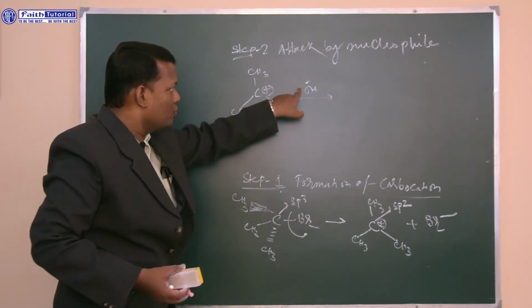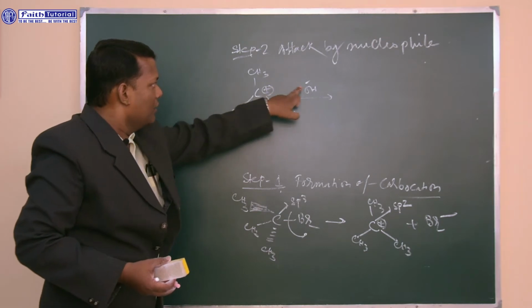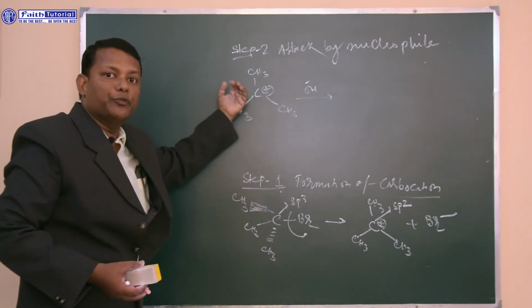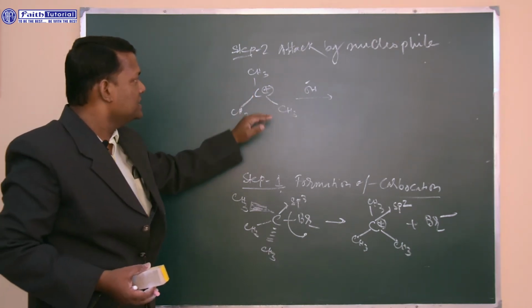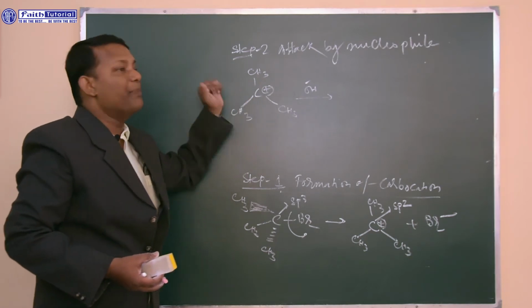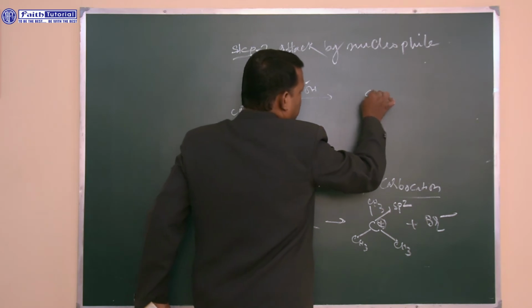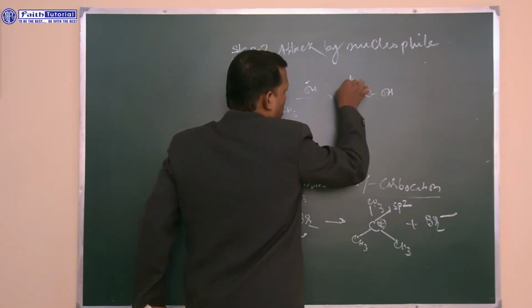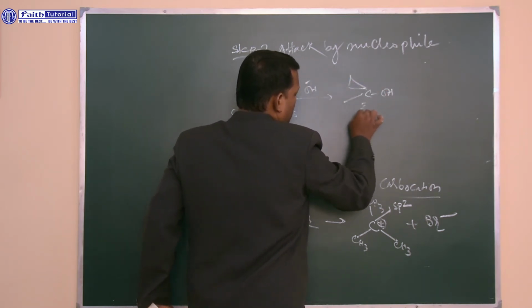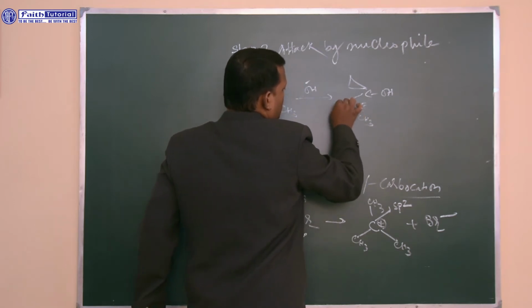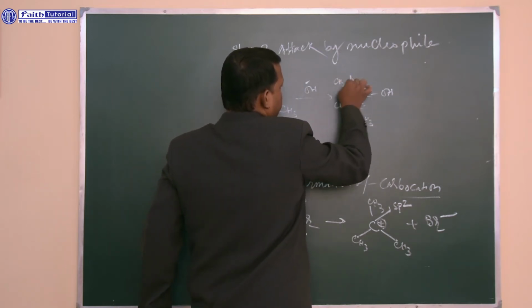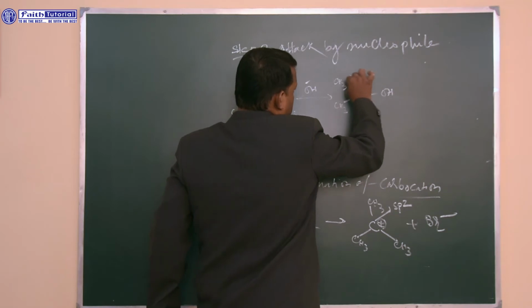OH minus can attack this carbon from above the plane or from below the plane. Below the plane means it can attack the carbon from the back of this green board. So you can get two structures for two attacks.